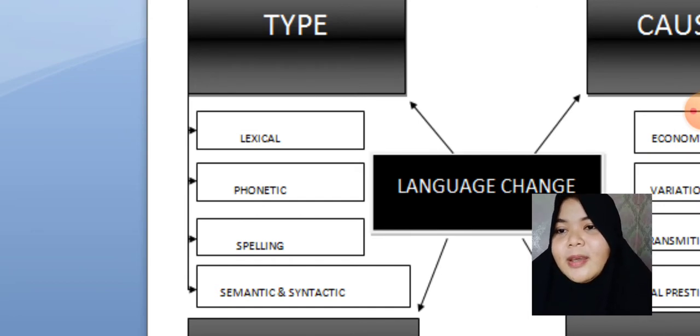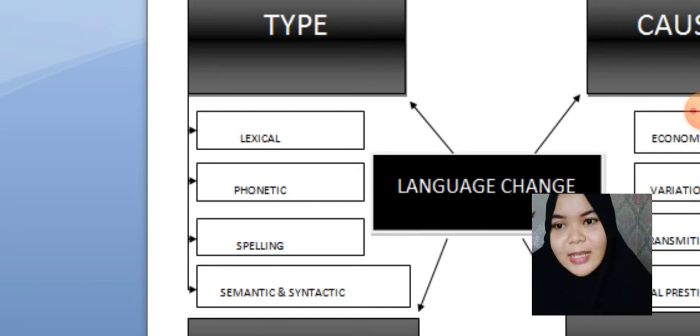It could be sexy. So that's the changing of a meaning, which means the semantic could have an effect on language change.